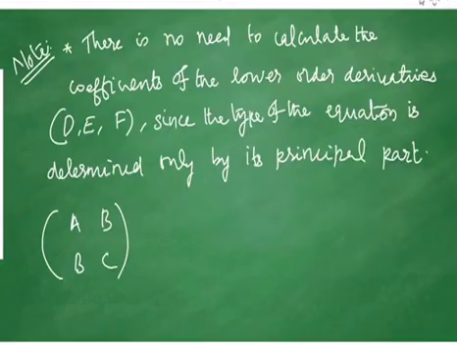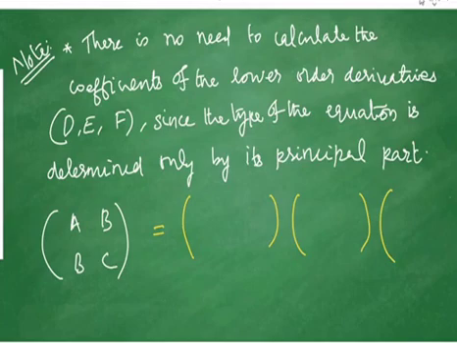Okay, so the discriminant is actually the determinant of this matrix A, B, B, C, and we know the values of these functions. So writing all these in that form, we can write the right side as a product of three matrices.